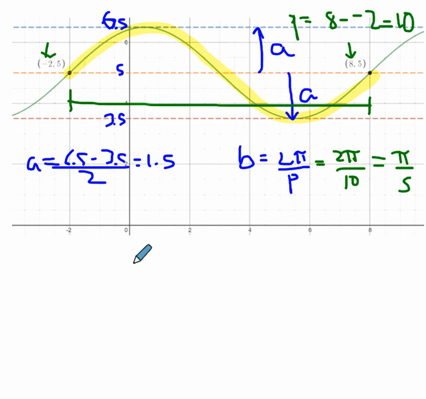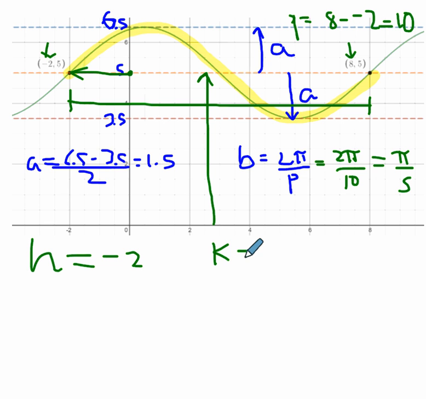Now to find our h and k, h is the translation horizontal. So usually our starting point is at 0, but now it's here at negative 2. So our h is going to be negative 2. And k usually is at 0, and now it's up there at 5, the orange dotted line.